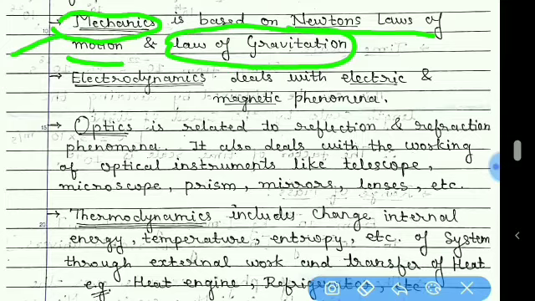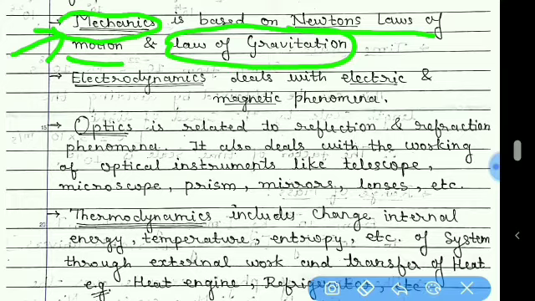So mechanics is based on Newton's laws. In mechanics, we study vehicles that are moving. Many machineries work on mechanics, so a separate branch is there for the study of this type of machines.